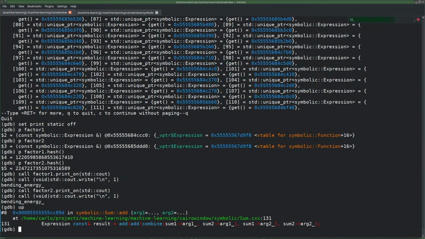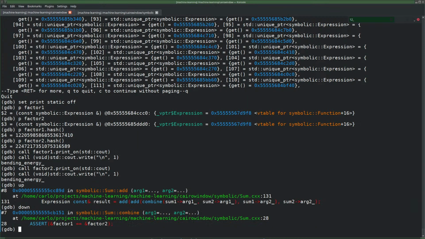They are the same. Combine. Argument 1 of sum 1 and sum 2. Yep, that's exactly what we are doing.